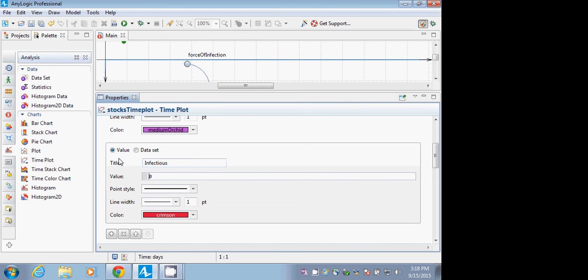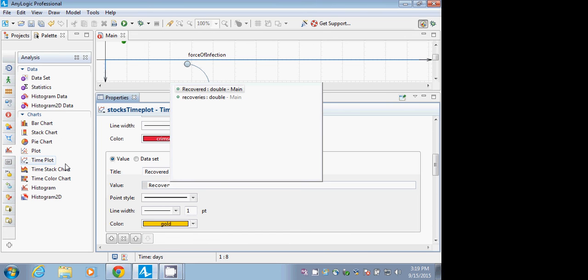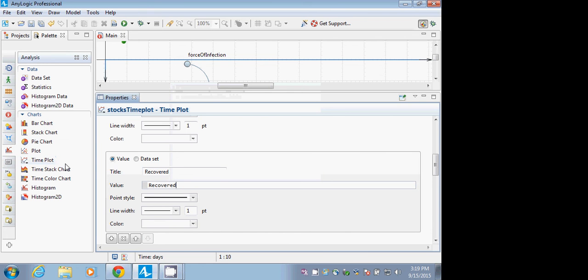Let's add another one and call this infectious, with the value of the infectious stock. Boom, done. Thirdly, let us add recovered, and we're going to say recovered.